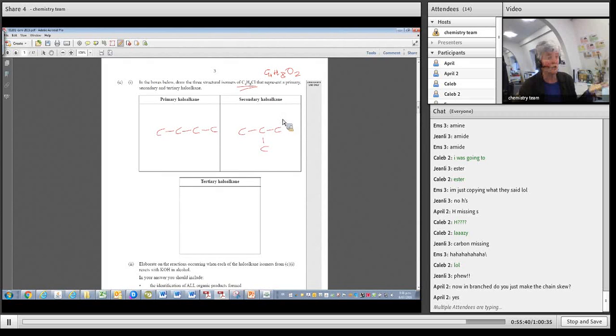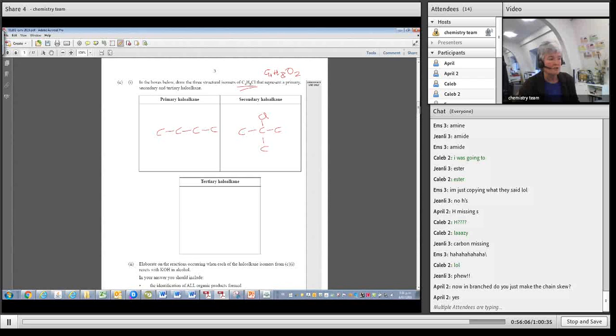If I just said draw a branch chain and a straight chain, I could have made the chlorine anywhere over here. To fulfill the requirement, draw a straight chain haloalkane, draw a branch chain haloalkane. So that would be correct in each case. But if I ask for a tertiary haloalkane, then I've got to have the Cl over there.